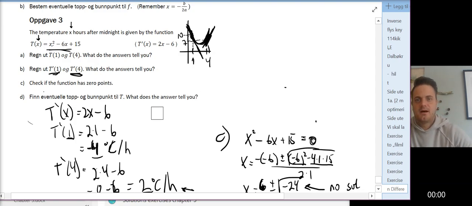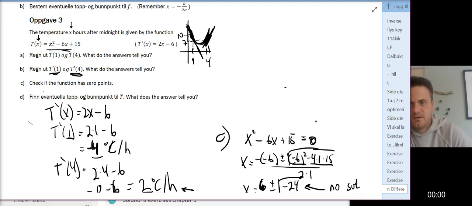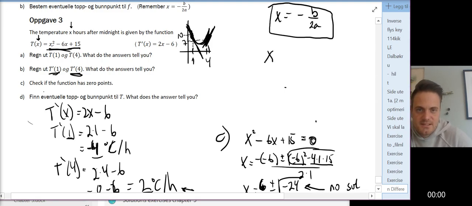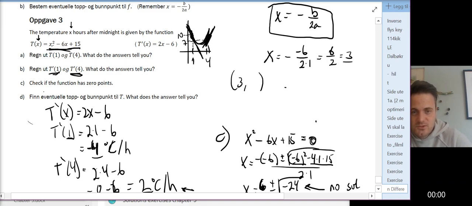But since this is a second degree function, we know that the x coordinate of the minimum or maximum point is minus b divided by 2a. But of course, if you want, you can use the derivative. So x is then equal to minus, and b here is minus 6, divided by 2 times a, and a is 1. So I get plus 6 divided by 2, which is 3. So we have a minimum or maximum point when x is equal to 3.